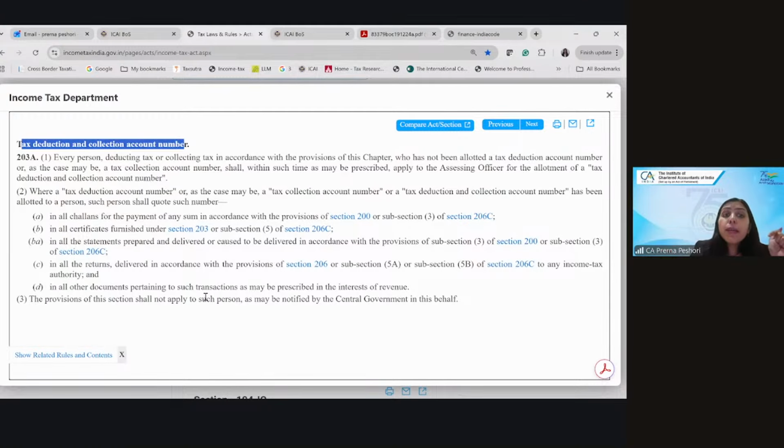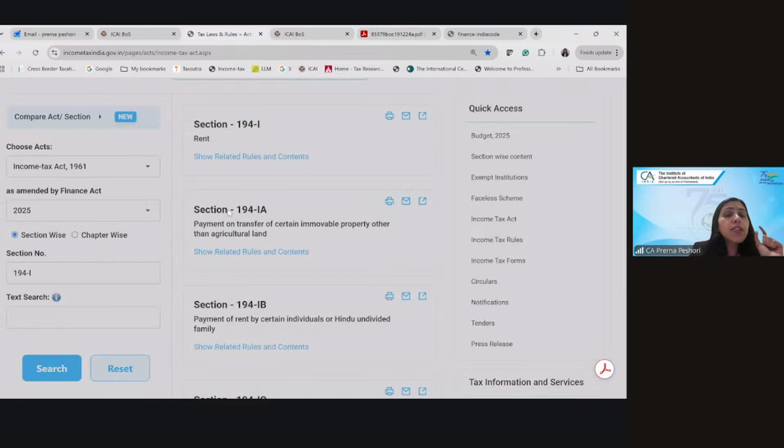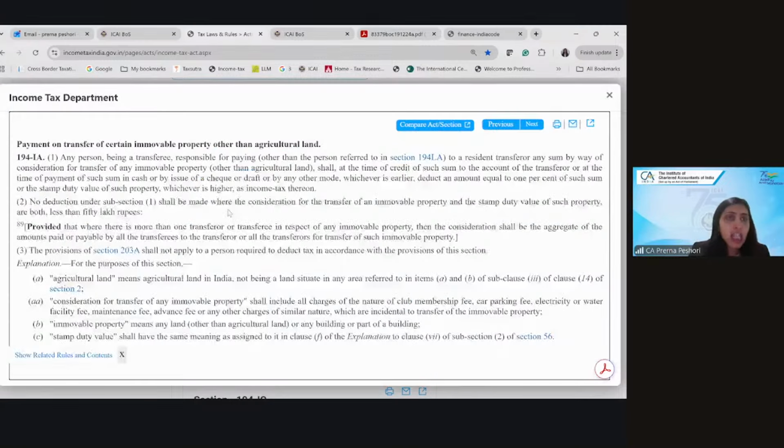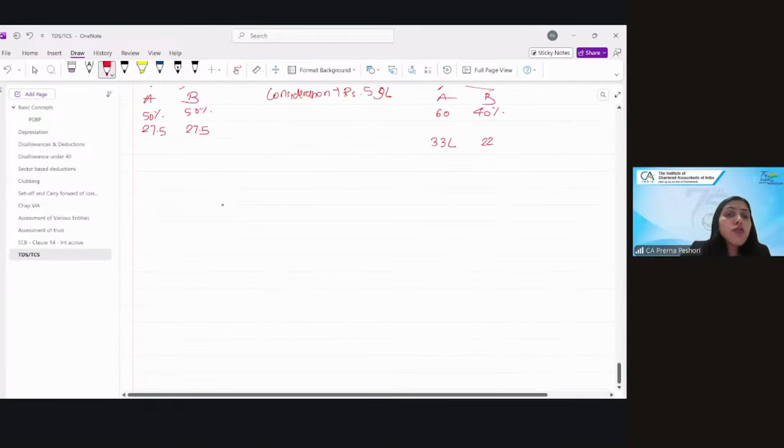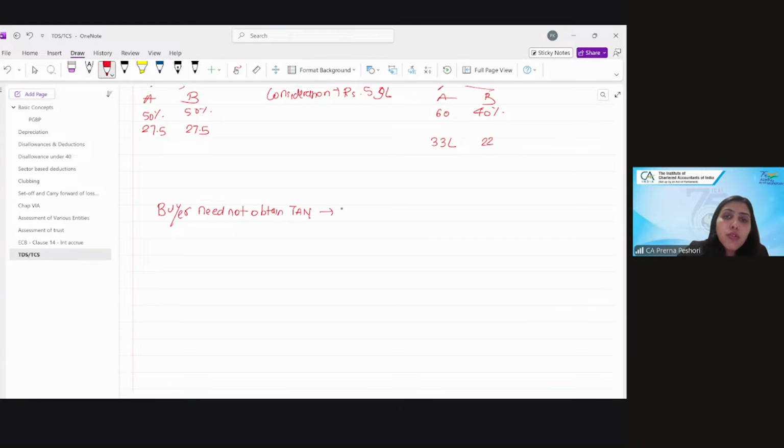Without that, you will not be able to make the payment of TDS, file the returns of TDS, or give them the certificate of your TDS. However, for the purposes of 194IA, they have said you don't need to obtain the TAN. So this section doesn't require the buyer to obtain the TAN.